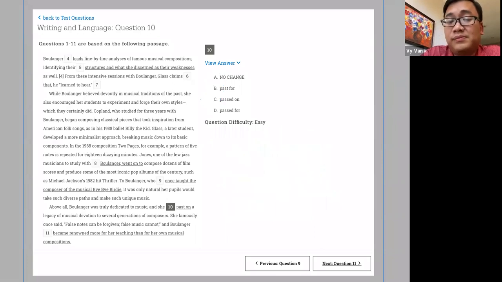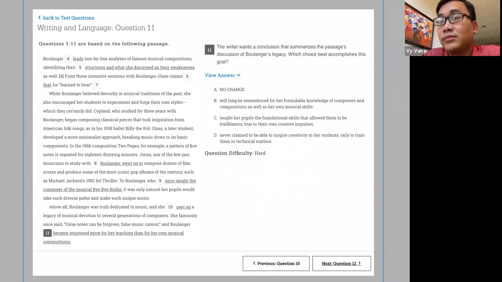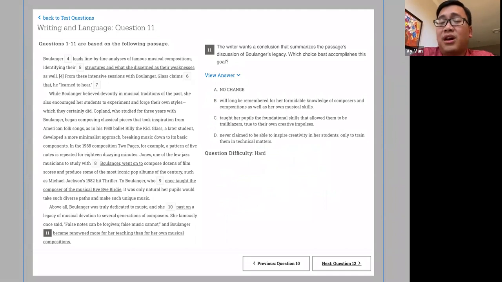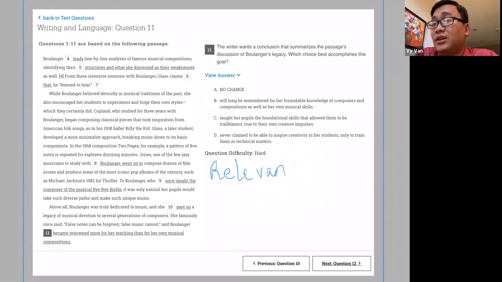Number 11. The writer wants a conclusion. Again, conclusion is normally the hardest type of question, but this is also relevancy. We want to choose whatever is relevant to the main idea of the entire passage, because this is talking about conclusion. You want to talk about her legacy.